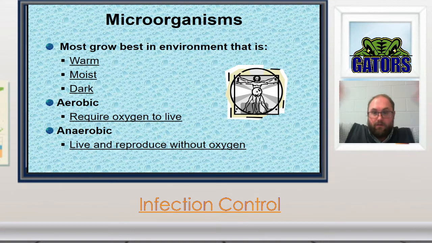Okay, so when you're doing jumping jacks and aerobic exercises, you are breathing in more oxygen to feed your cells so that they have the oxygen that they need and that your lungs can pump blood so that you can be able to do that exercise more efficiently. So aerobic means it requires oxygen to live. Anaerobic means that you do not need oxygen to live. And so some of these microorganisms that are pathogenic do not need oxygen in the same way that we need in order to survive.